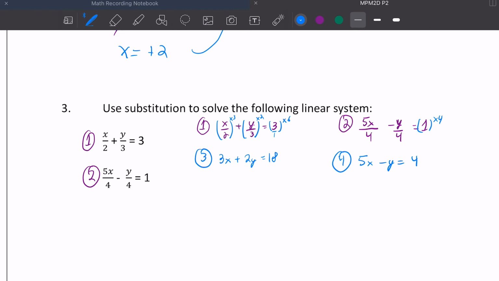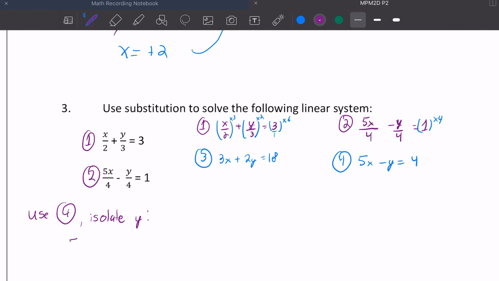All right, now that we have equations that don't have any fractions, let us start by doing some substitution. The one that's going to give us the easiest way to isolate with the least amount of effort is if we deal with equation 4. It's a lot quicker for us to isolate. So use equation 4, and we're going to isolate for y. That way we don't need to do any more division.